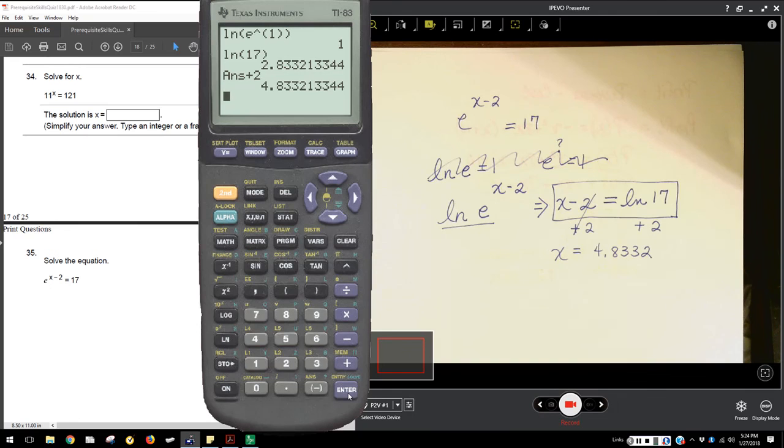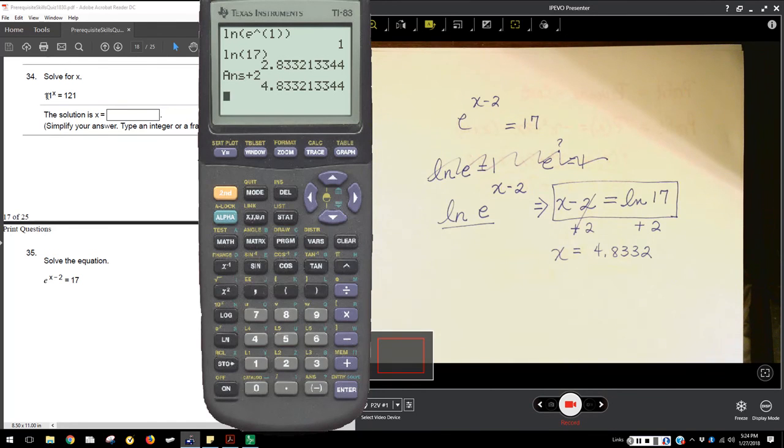So one way to solve exponential equations is, if the base of the exponential equation is e, use a natural logarithm on both sides, because that's the base e logarithm. If it is not e, if it were 11, then you would take the base 10 logarithm.